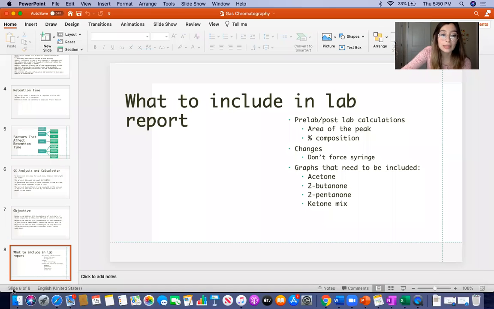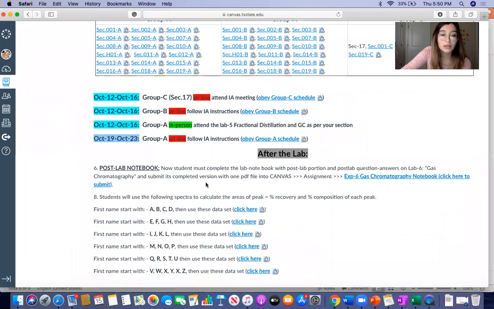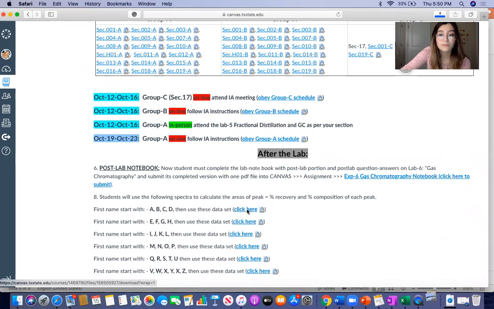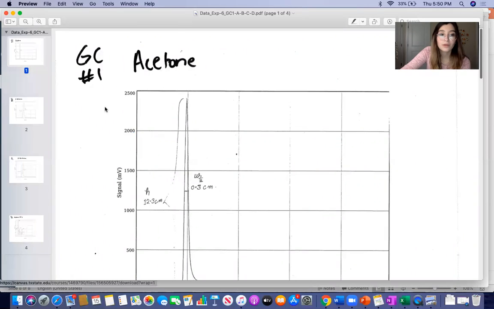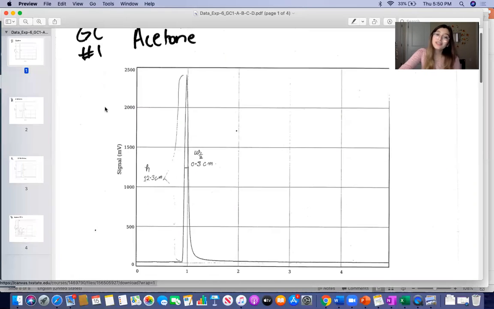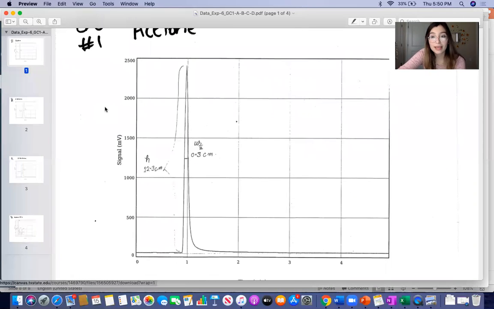So that is it. Let me go back to Canvas. I'm just going to click a random one. All right, so as you can see right here, there's only one peak. That means the total area that you're going to be calculating only belongs to this peak.